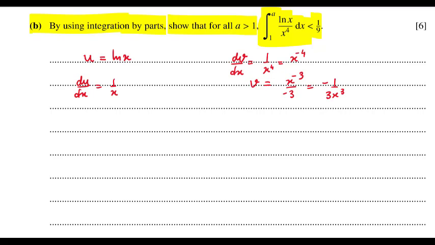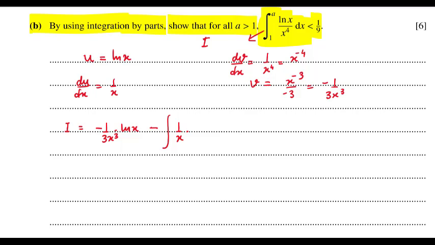So now we will use this integration by parts formula, and I will mark this integration as I. So this I becomes uv, it means minus 1 upon 3 x cube ln x minus integration of du over dx, that is 1 upon x, into v.